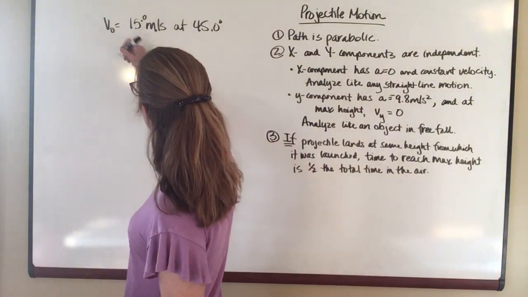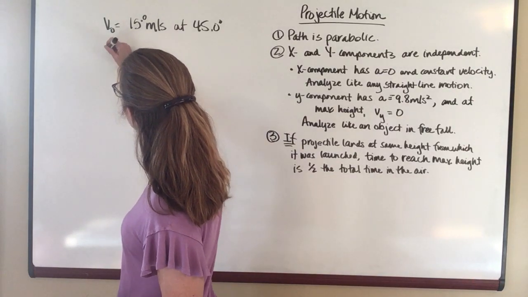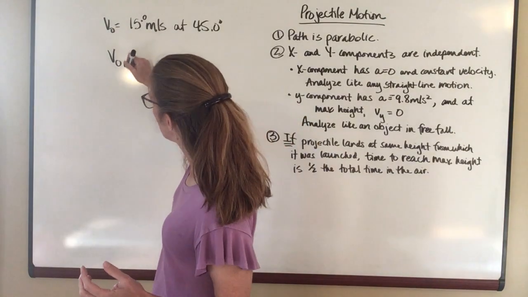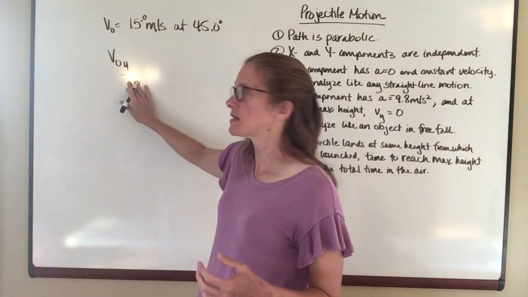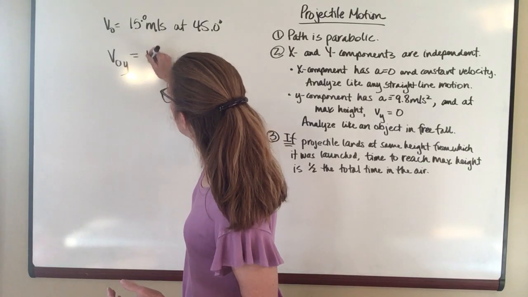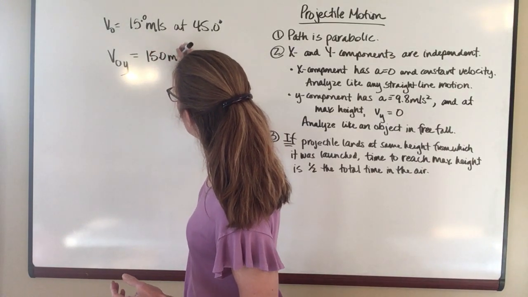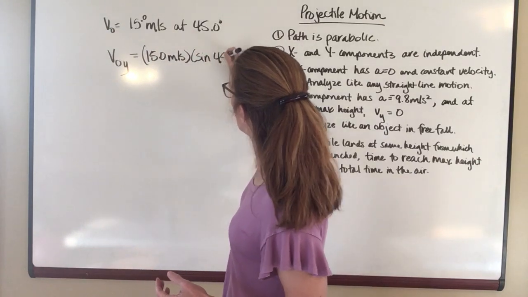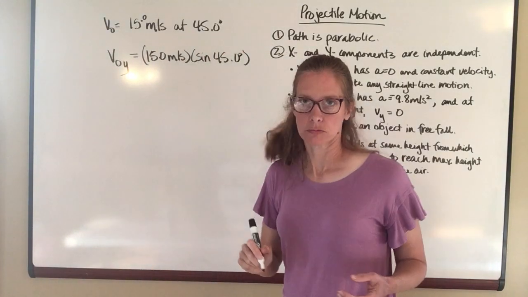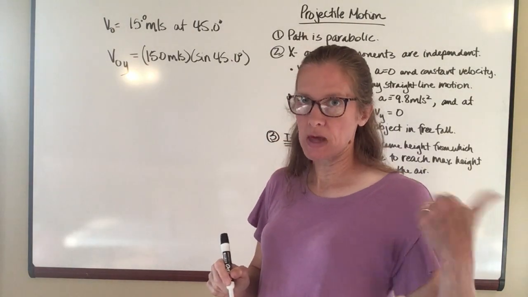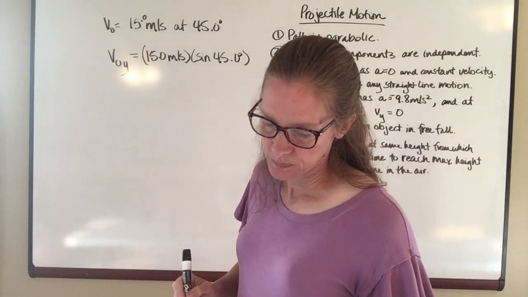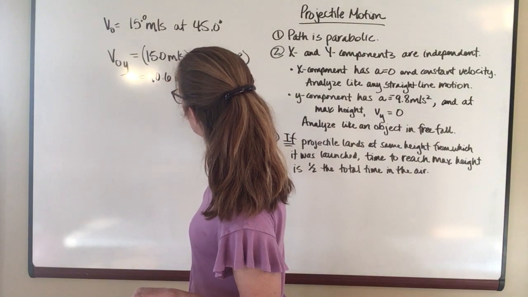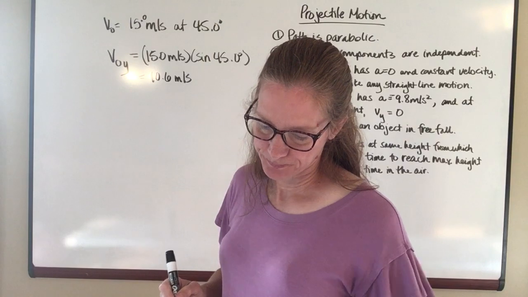So the vertical component of my velocity in the y direction, so the initial velocity in the y direction, that's how I symbolize that, is going to be 15.0 meters per second times the sine of 45 degrees, okay? Because you'll have to remember that equation from when we did it before. So that should give me 10.6 meters per second in the y direction, okay?